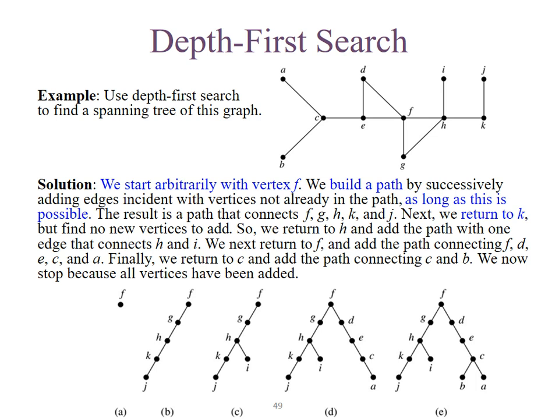Once G is the input, we can select any vertex adjacent to G, add H and the edge GH into the tree, and then recursively call visit using H. You can visit G, H, K, J until there is no adjacent vertex to J, then it goes back to the previous recursive call.